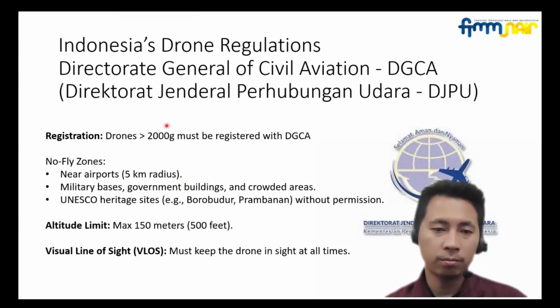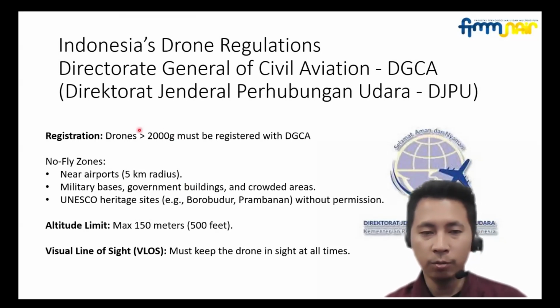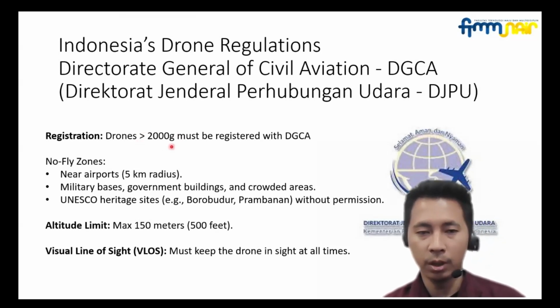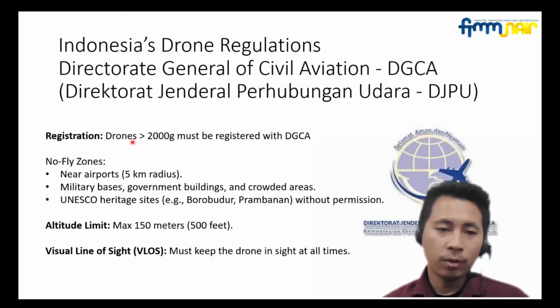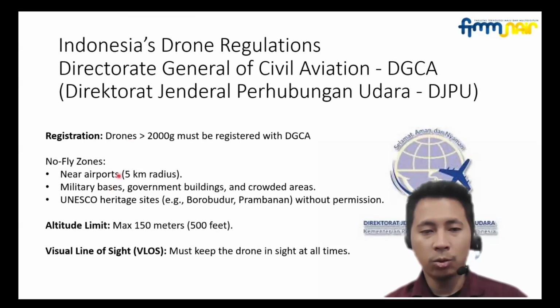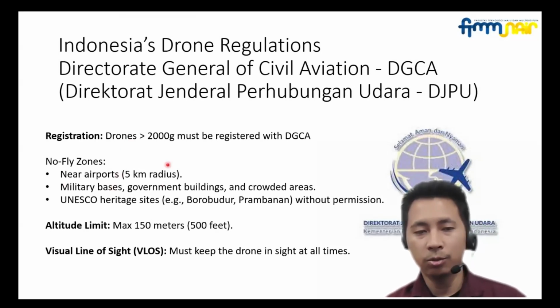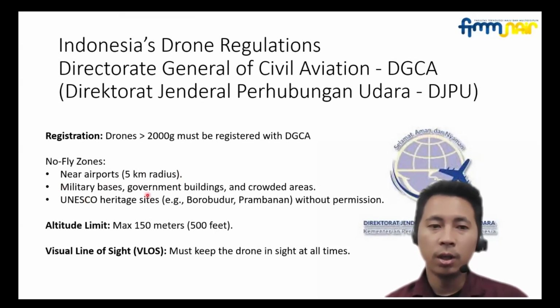So this is a very important rule, especially when your drone is bigger. And no fly zones. This is also important. We cannot fly drones within a 5 kilometer radius near airports. We also cannot fly drones over military bases, government buildings, and crowded areas.